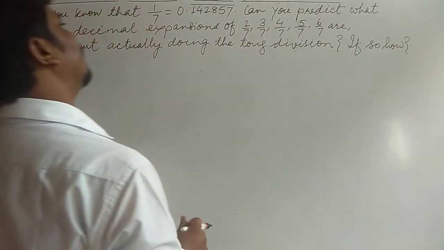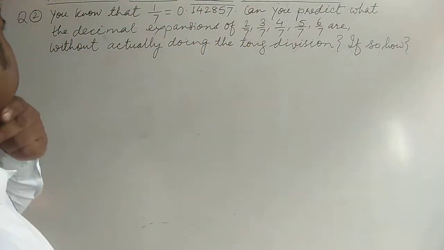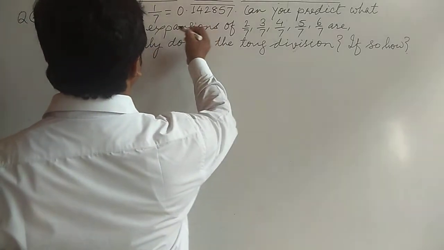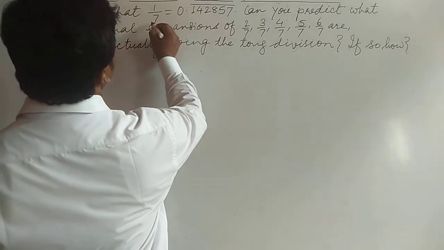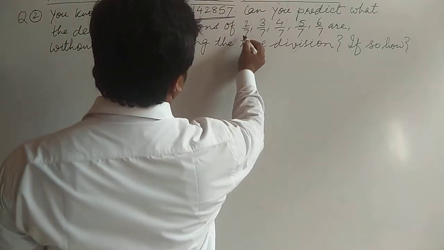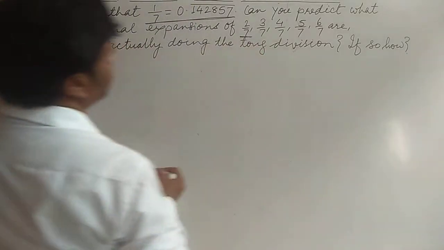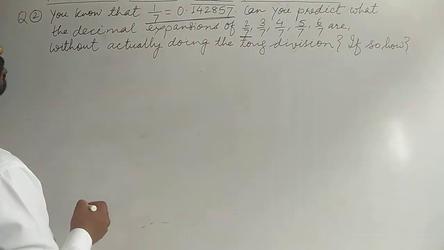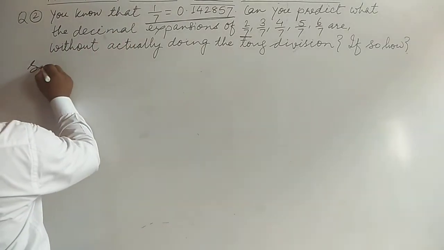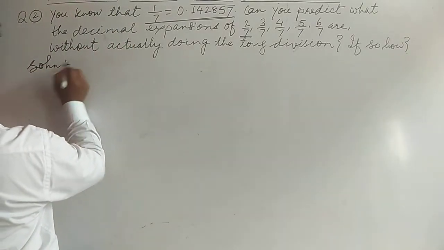If so, how? Yes, we can predict, because you can see here the value of 1 by 7 is given. So we can find easily the value of 2 by 7 without actual division. So how is it possible? Let's see.